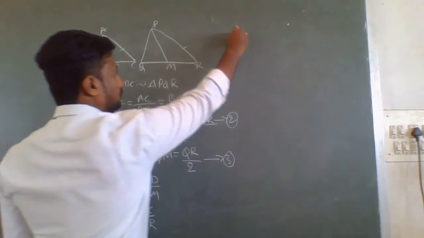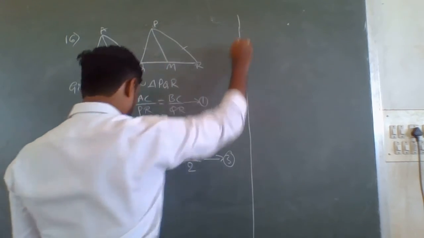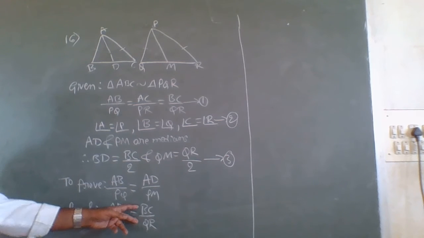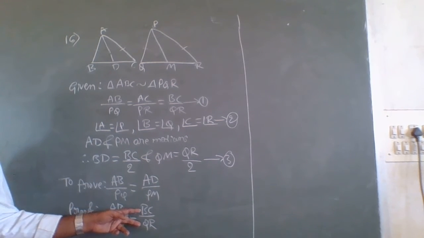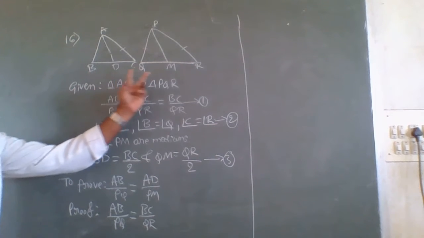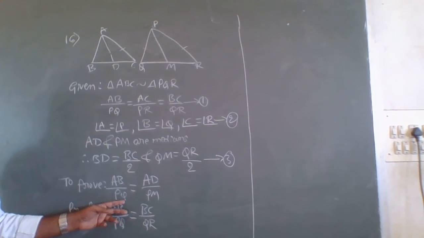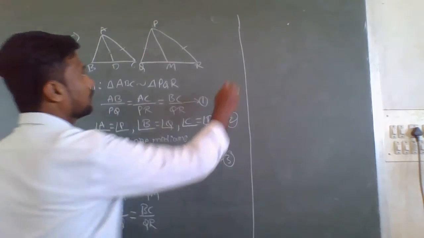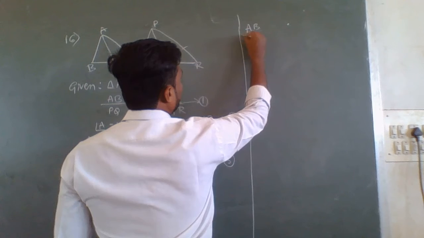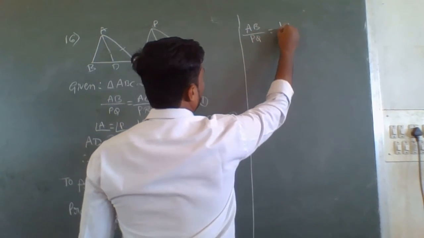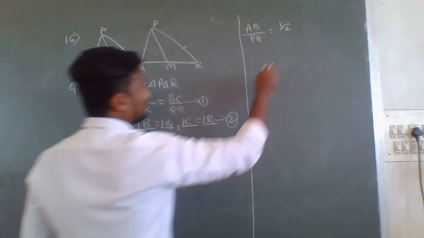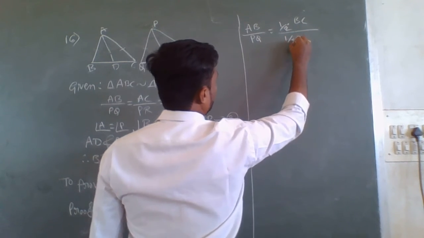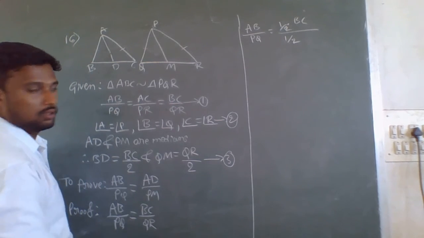So now I will multiply 1 by 2 to both sides. In the place of BC by QR, I will multiply 1 by 2 in numerator and denominator. So AB by PQ is equal to 1 by 2 into BC divided by 1 by 2 into QR.